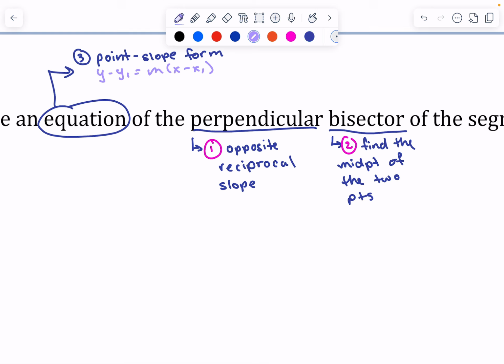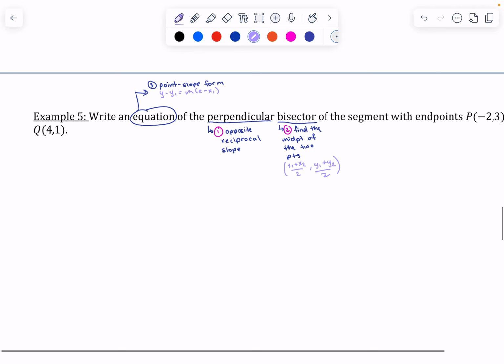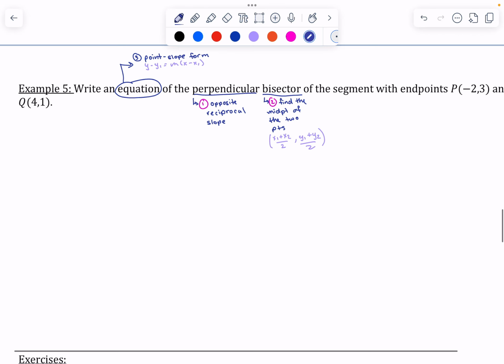The formula for that would be (x1 plus x2) divided by 2, (y1 plus y2) divided by 2. And again, midpoint because you're trying to cut it in half, and the midpoint is going to be right at the halfway point. So let's do it with these points.